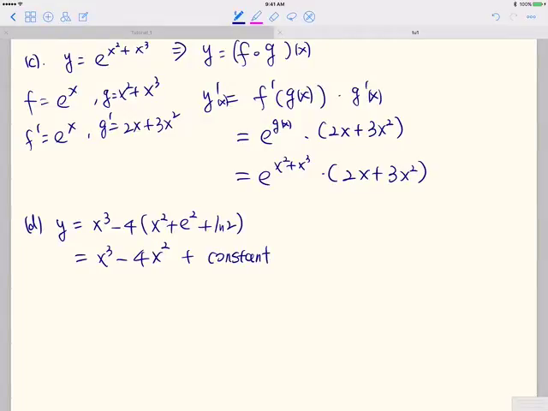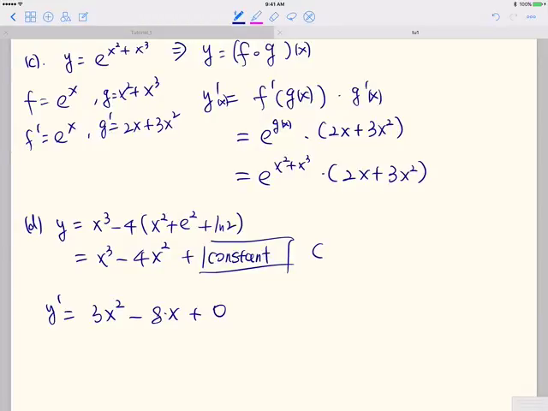We don't care about the specific number here. As long as this is a constant, we don't care about it in the calculation of a derivative. So we can just denote this as C. So y prime is just 3x squared minus 8 times x plus 0, right? That's the end. We already got the derivative, so we don't care about the constant parts.